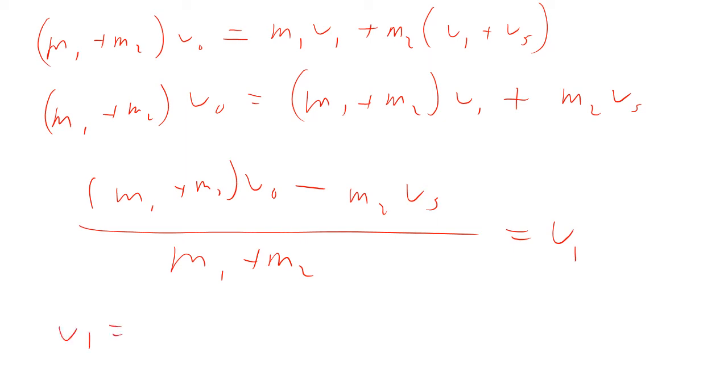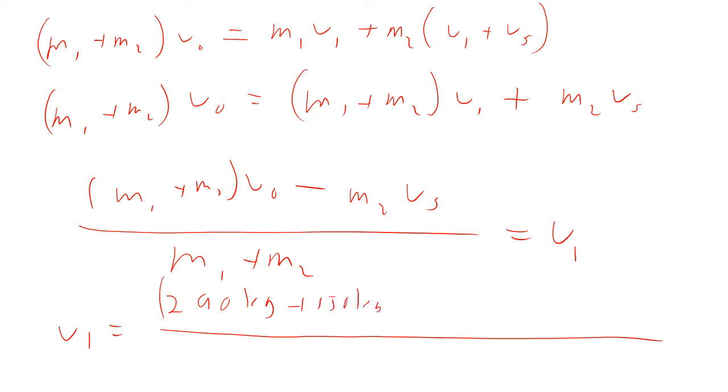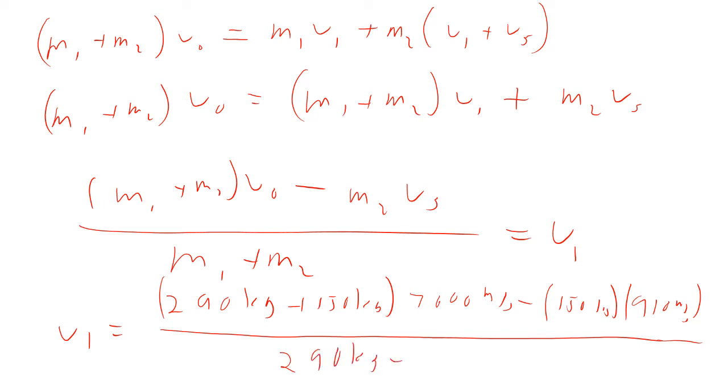After you plug in all the numbers, V1 is 290 kilograms plus 150 kilograms times 7,600 meters per second, minus 150 kilograms times 910 meters per second, divided by 290 kilograms plus 150 kilograms.